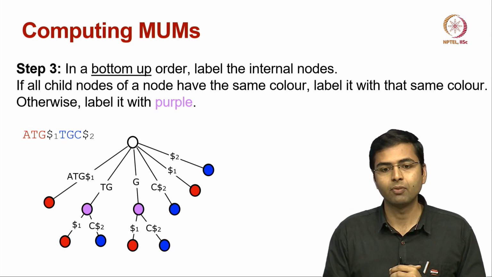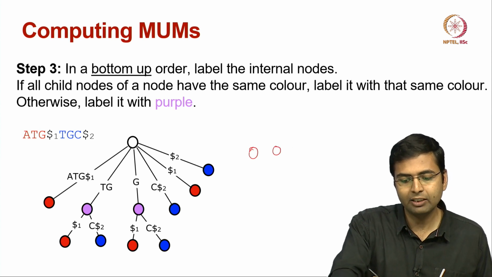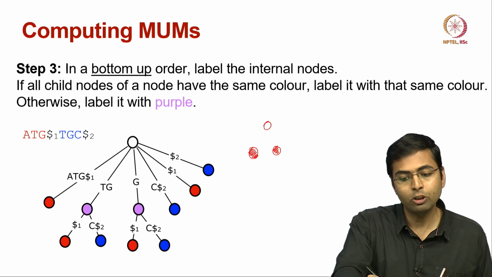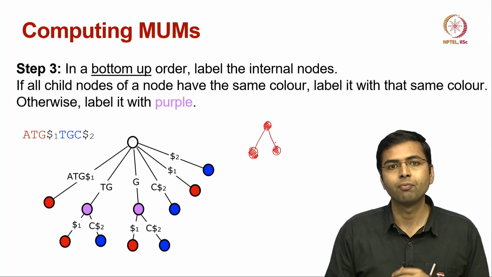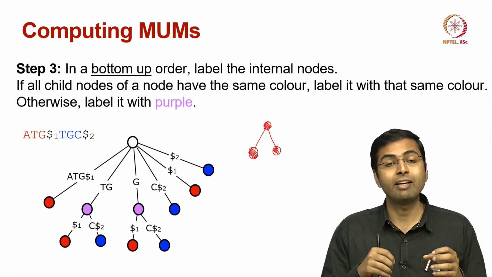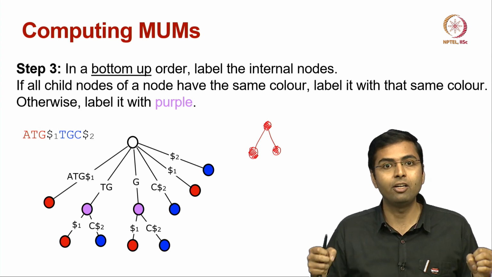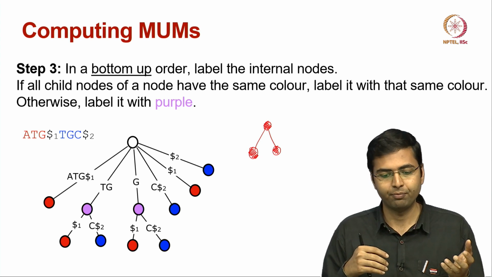For example, if all my child nodes are labeled red, then my internal node will also be labeled red. Otherwise, when the children have different colors, I am going to label the node purple.